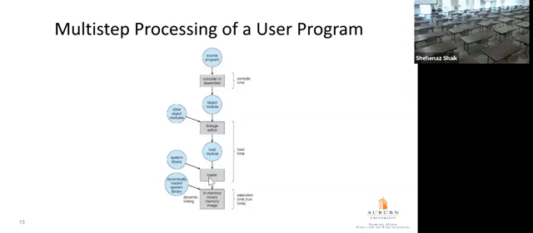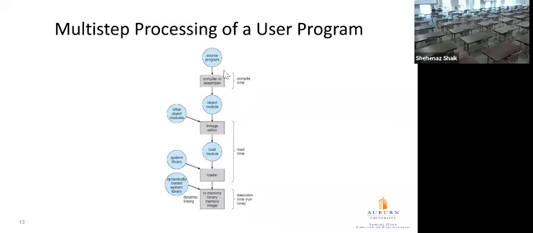At some point, the loader would physically load the entire object code into physical memory, and then we have the in-memory image ready for execution. So this is just a summary of the entire procedure of preparing a program for execution.